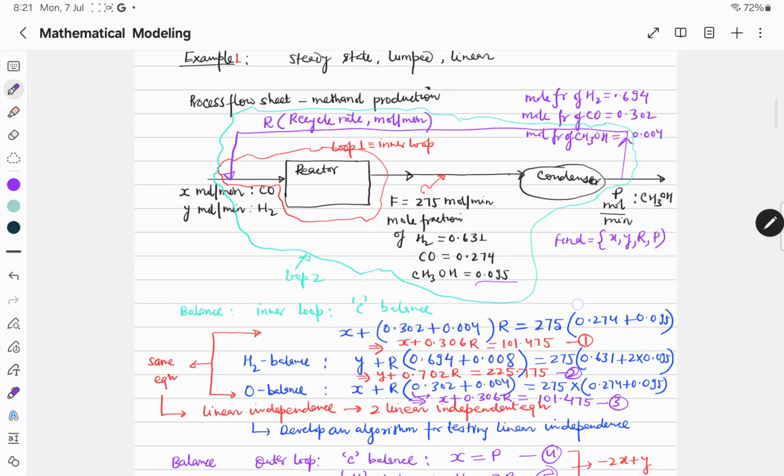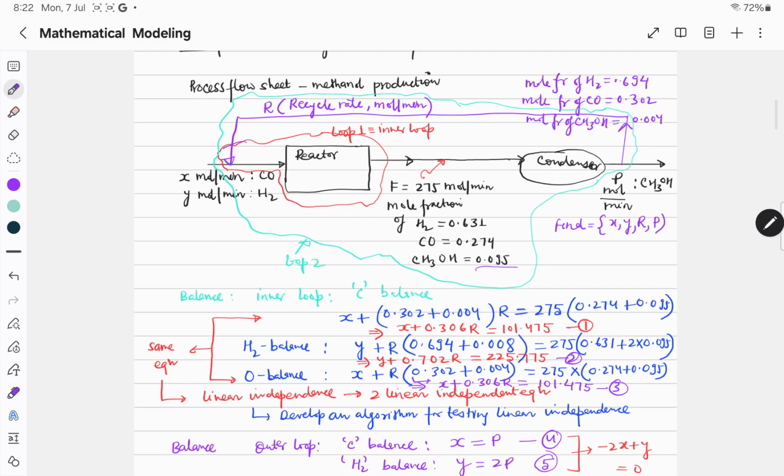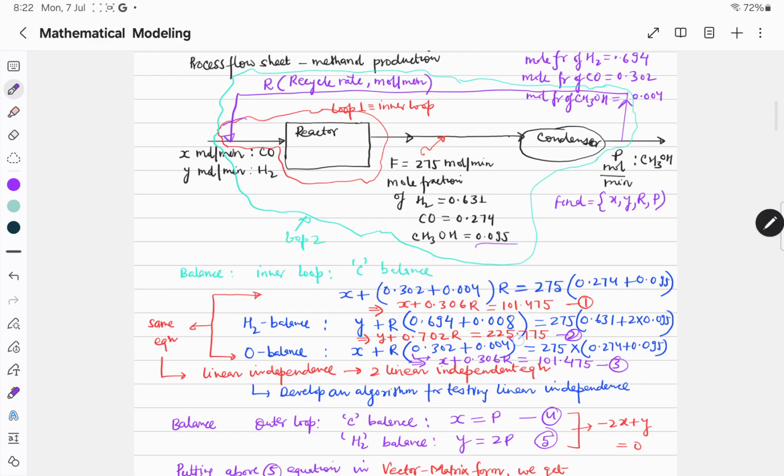Okay, so you can use the balance laws. One is around the reactor, and the other is around the whole process, the inner loop and the outer loop. You can apply the balance for carbon, hydrogen, as well as oxygen.